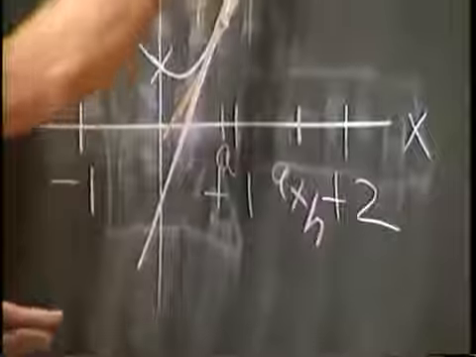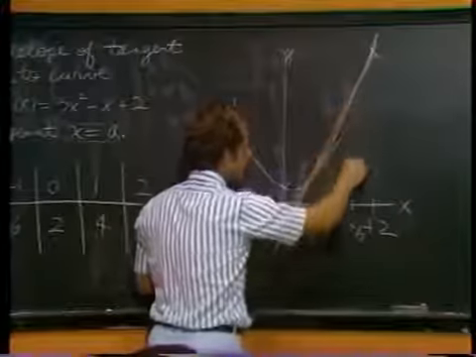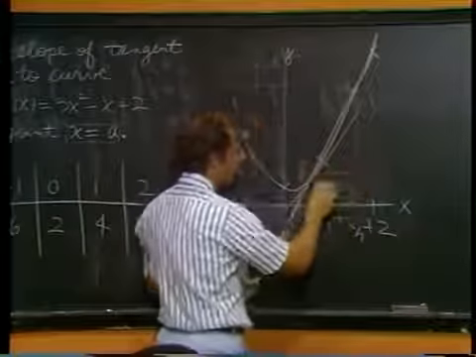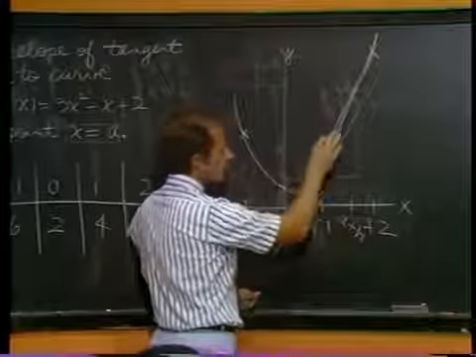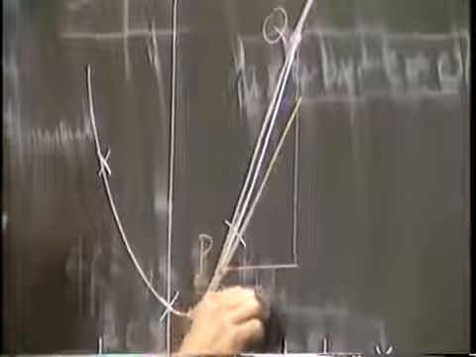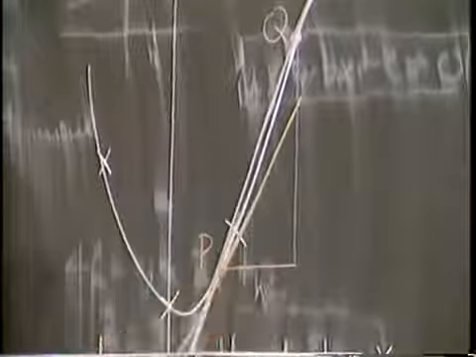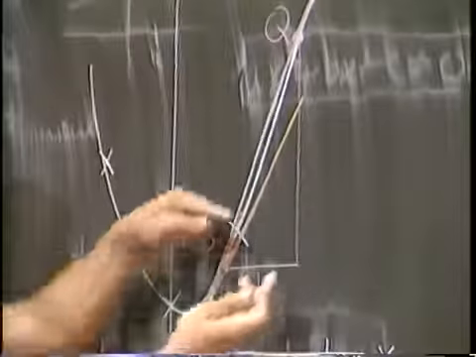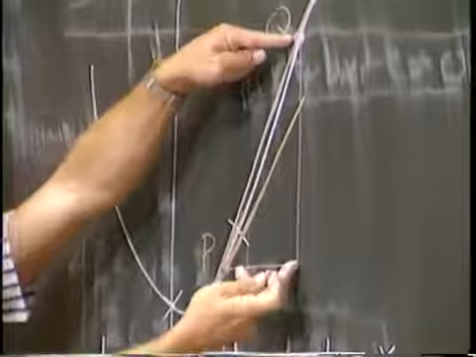Well, that helps us now because we can look at this triangle we've dealt with before and say, in going from P to Q, we are talking about a run along the x-axis of h units. And if that's the case, what's the rise going to be, the corresponding rise?